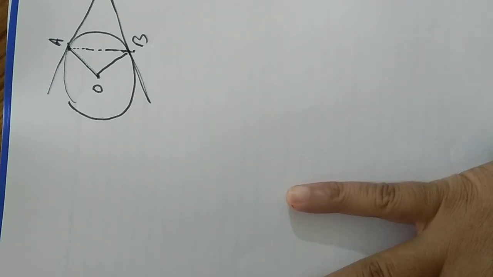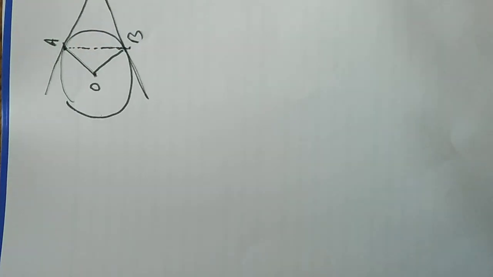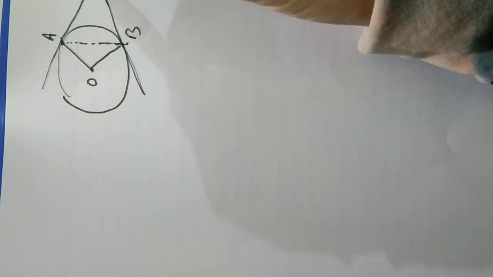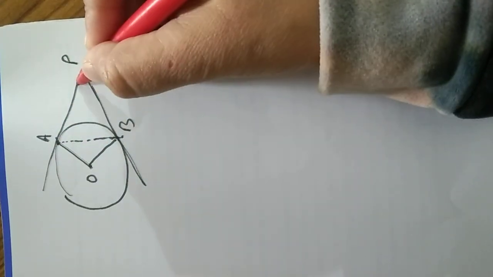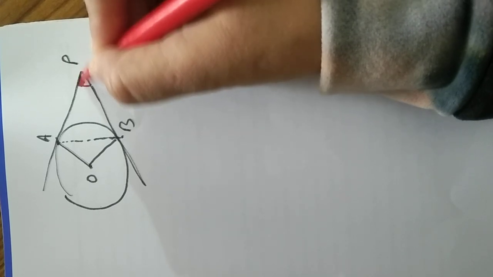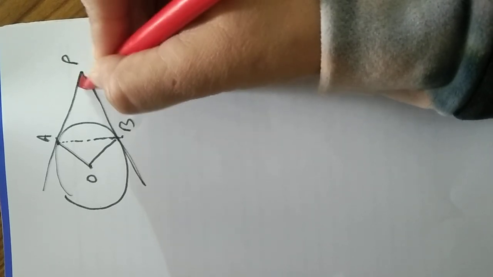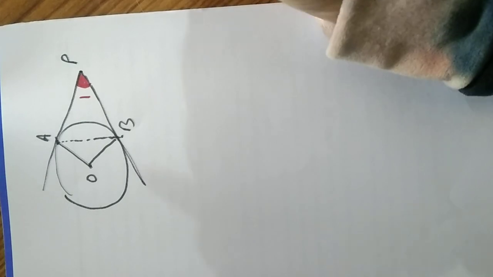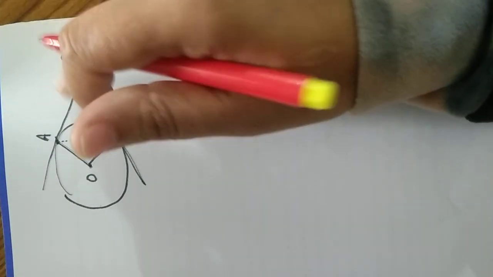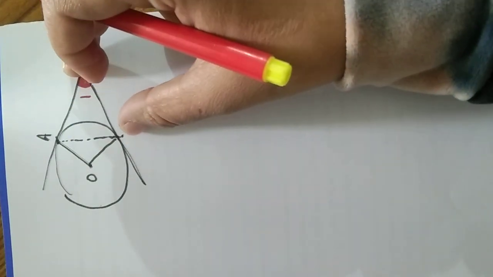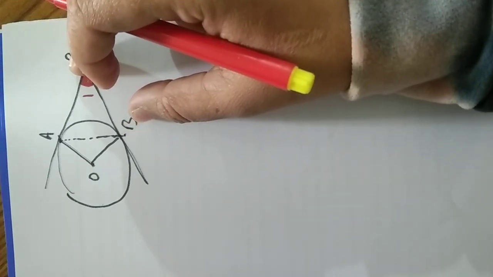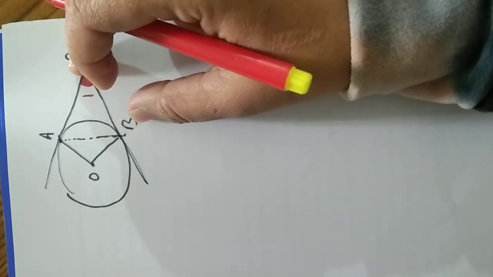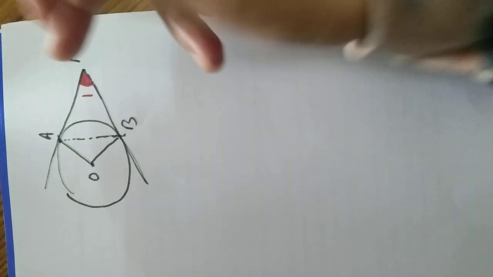So what is the question? According to the question, we have to prove the angle between the two tangents. These are my two tangents, AP and PB. The angle between these two tangents is this angle, so let us mark it as angle 1. This angle is supplementary to the angle subtended by the line segment joining the points of contact at the center.